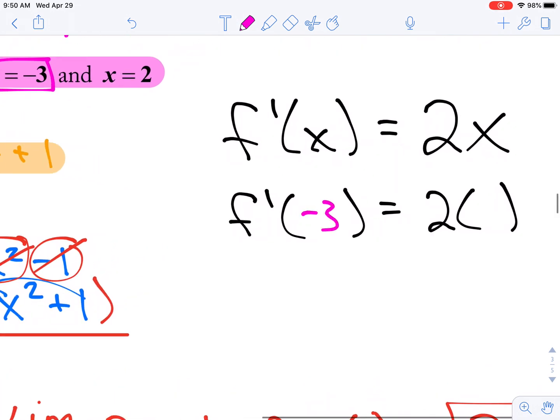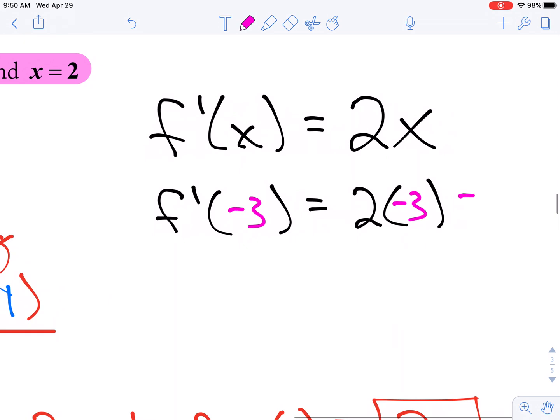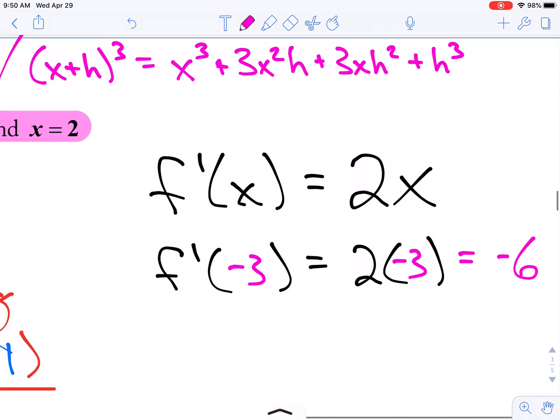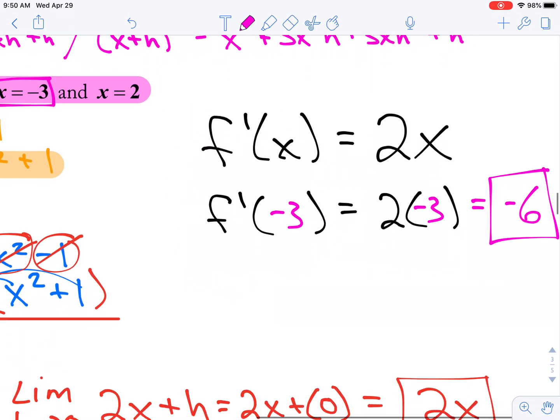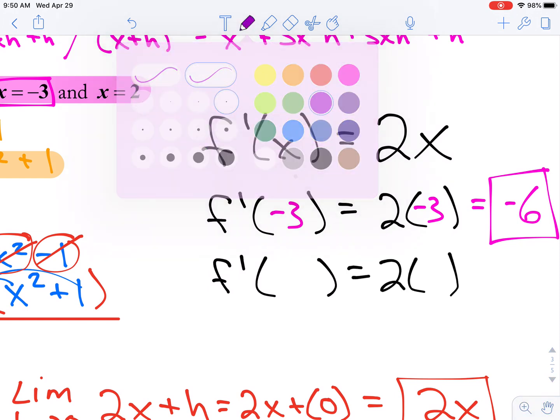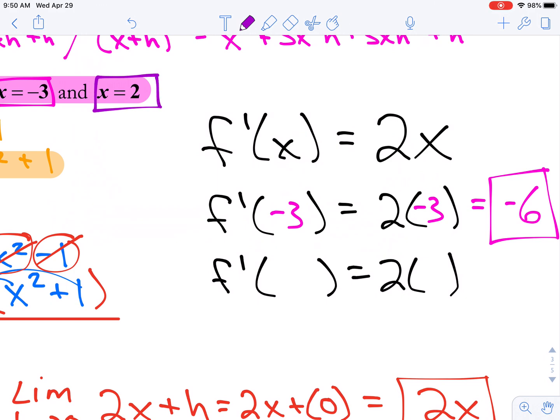If we throw in a negative 3, this value comes out to be negative 6. So f prime of negative 3 equals negative 6. If we plug in f prime of 2, which is the next one, we plug in 2 here. If we plug 2 in, we get 4 out.